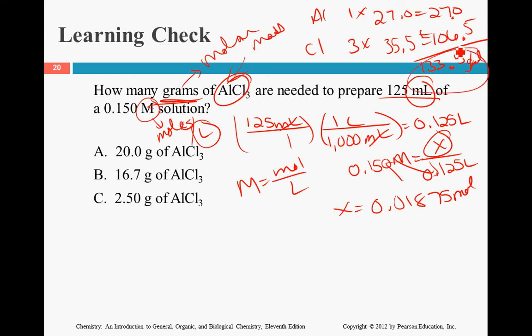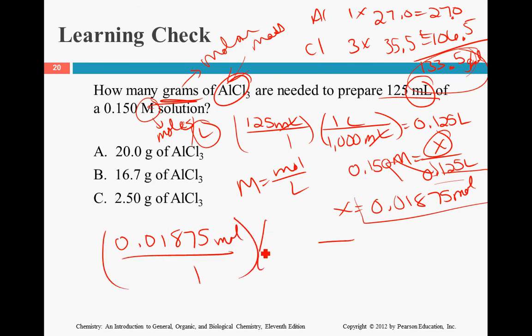And that'll give us grams per mole. That's our molar mass. So we know how many moles we have, and we know the molar mass. That means we can convert. So 0.01875 moles all over 1. Moles on top, that means we want moles on the bottom. Whenever we're talking about molar mass, once again, 1 always goes with moles.